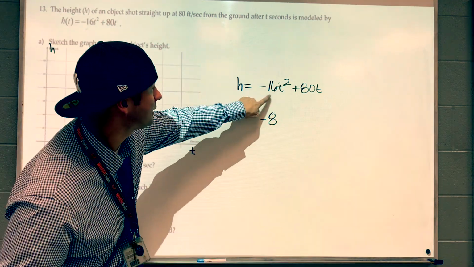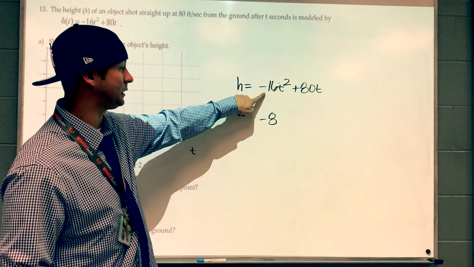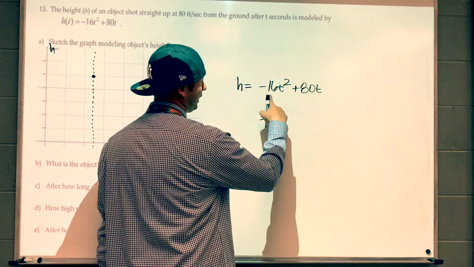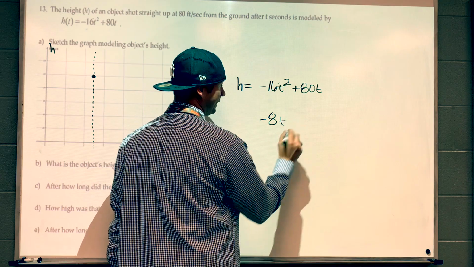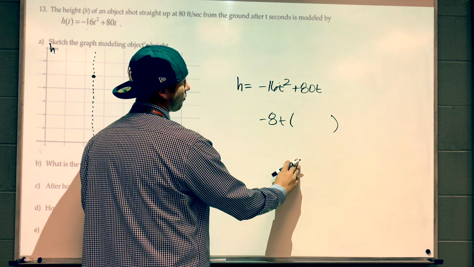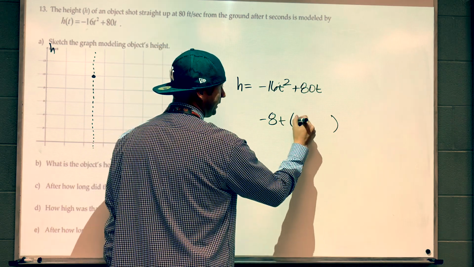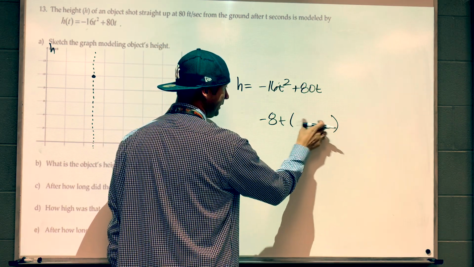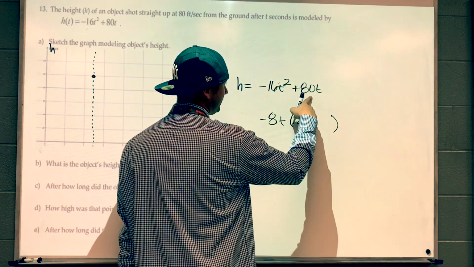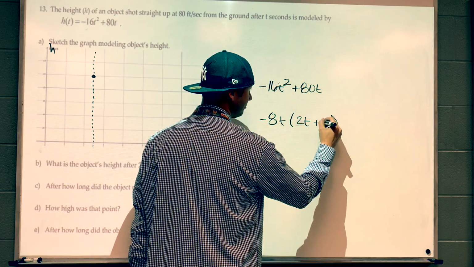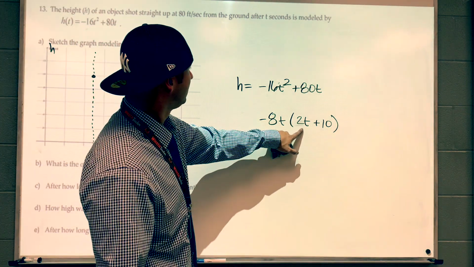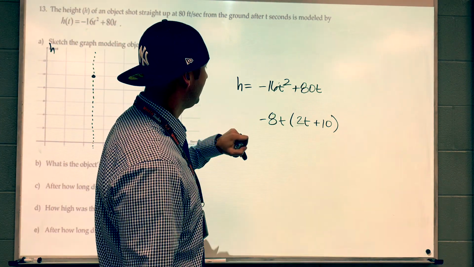Typically if the leading term is negative, you want to pull out a negative. So this will be negative 8 and a t. So what's left behind? 2t? And then, what is this? 10? 2t gives me that.